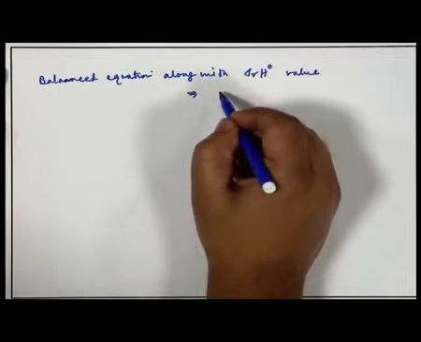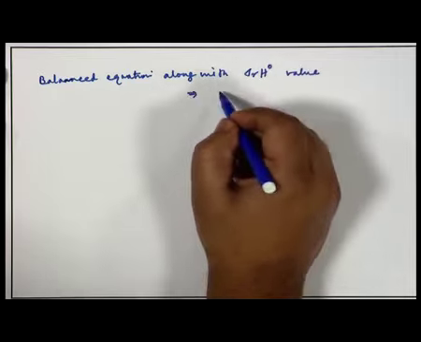Now, in this balanced equation we have to mention the physical state of the reactants and products, and if it is in a particular allotropic state, we also have to mention that.